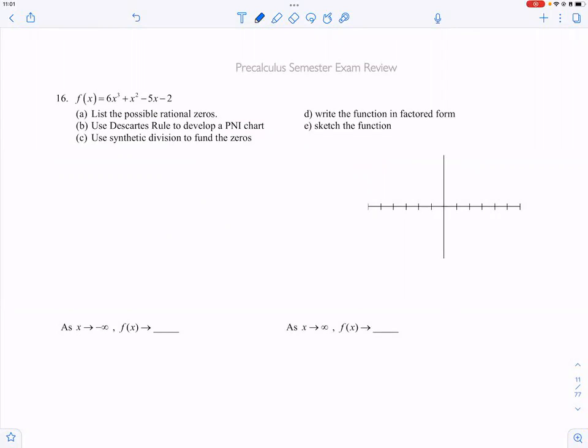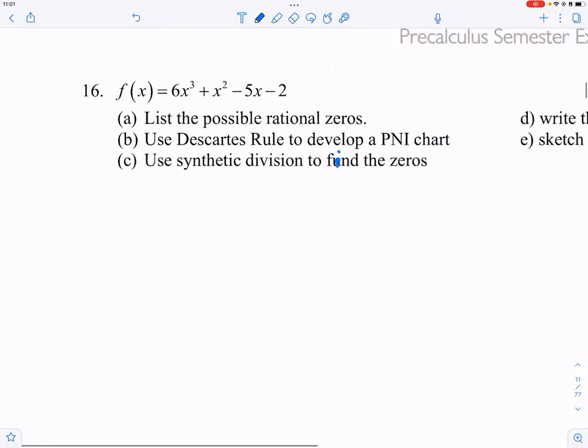You have to use Descartes' rule of signs to develop a PNI chart, and synthetic division to find the zero. Write the function in factored form, sketch the function. So it seems like you can factor this one out. Okay. Now let's go ahead and do part A.